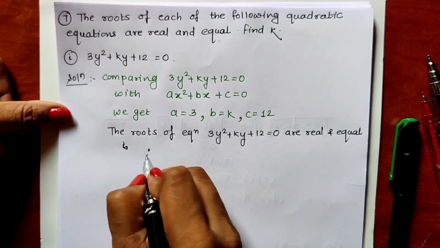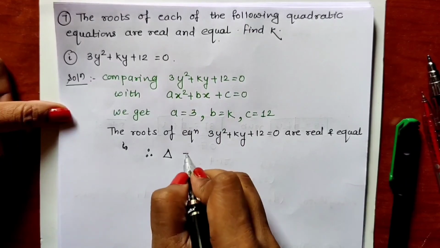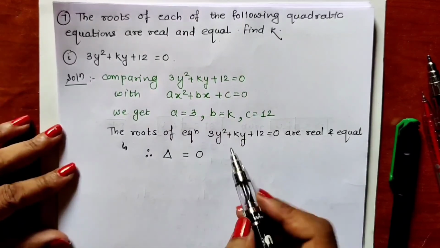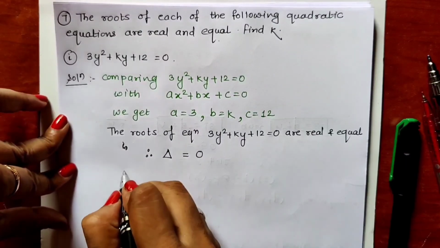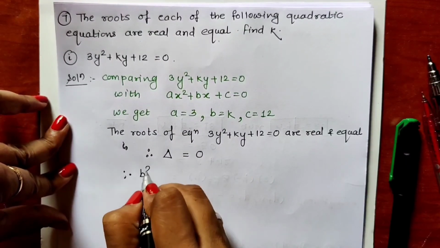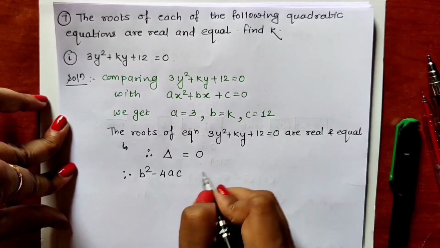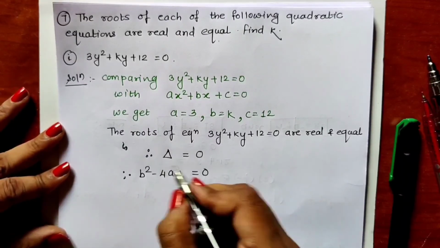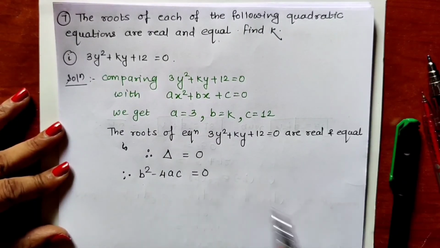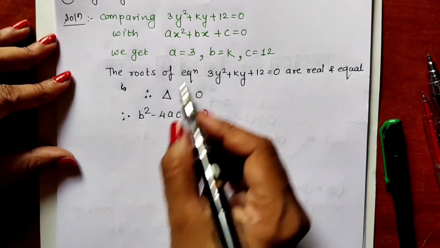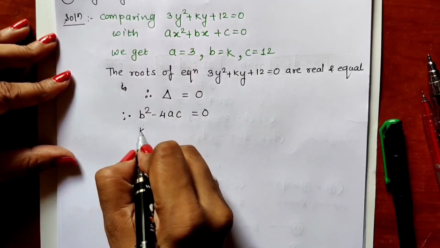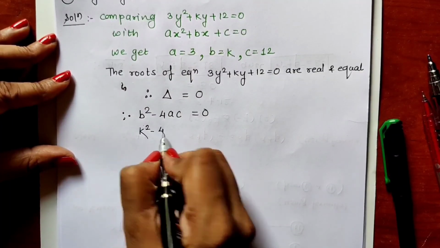We can write therefore delta is equal to 0. Okay, it is given they are real and equal. That means what? Delta is equal to 0. That means b square minus 4ac is equal to 0. So let us put the values in b square minus 4ac. B means k square minus 4.